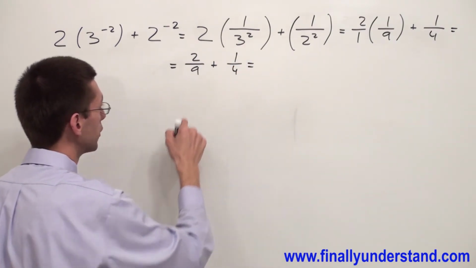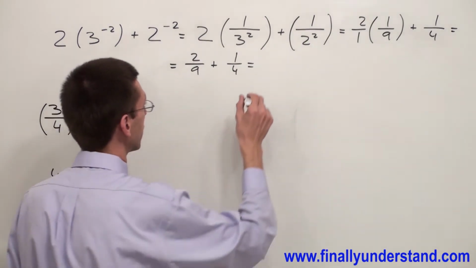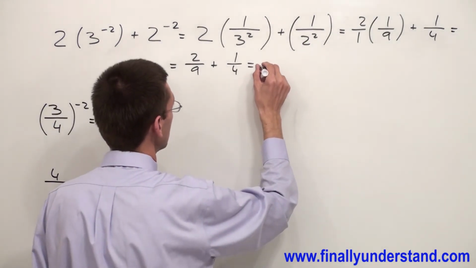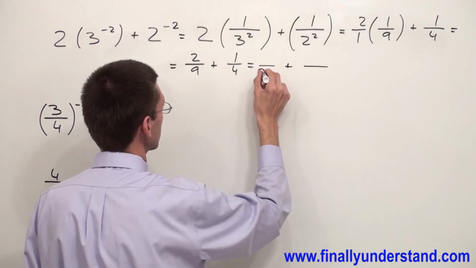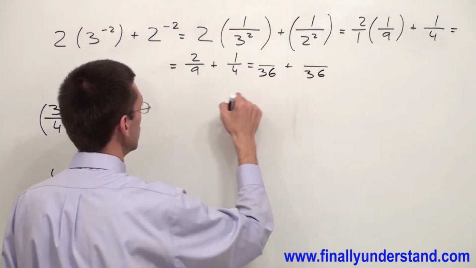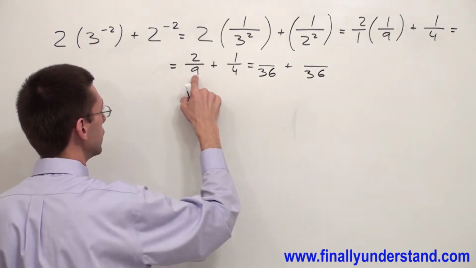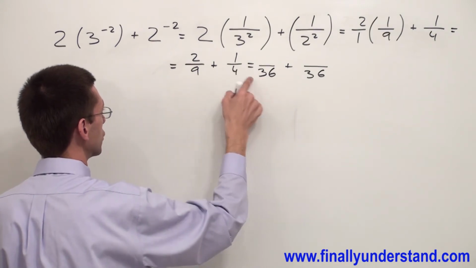In order to add fractions, I have to find common denominator. Common denominator for these 2 fractions is going to be 36. The question is, by what number I have to multiply 9 to get 36? I have to multiply by 4. So 9 times 4 is 36.